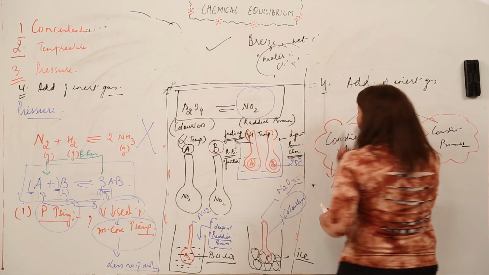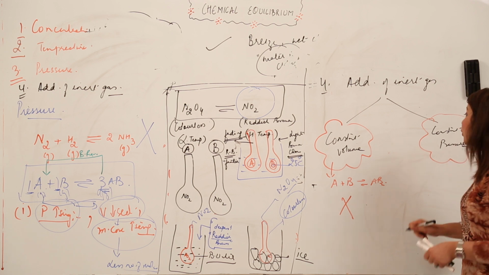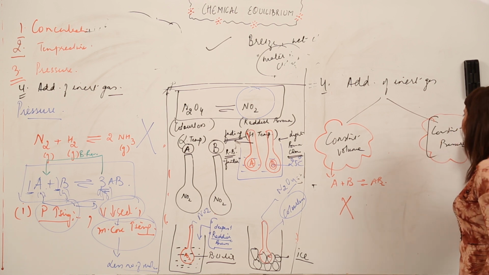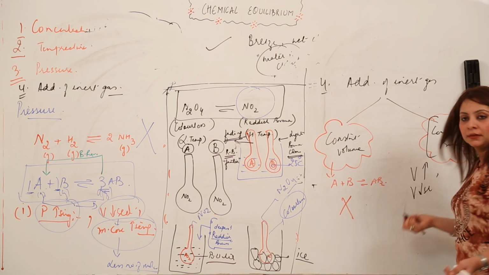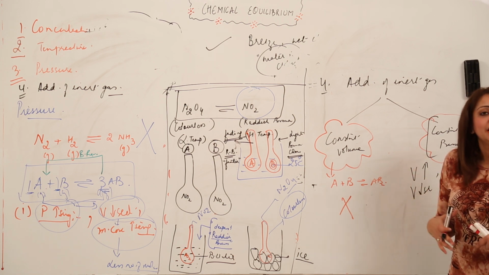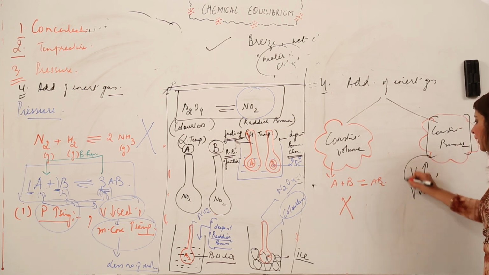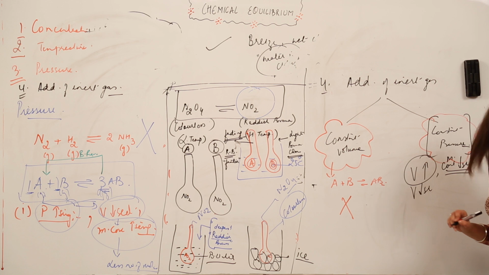And what happens when I add the inert gas at constant pressure, right? When I am adding at constant pressure, the volume may increase or the volume may decrease. And what happens when the volume increases? We know that when the volume increases, the molar concentration decreases.